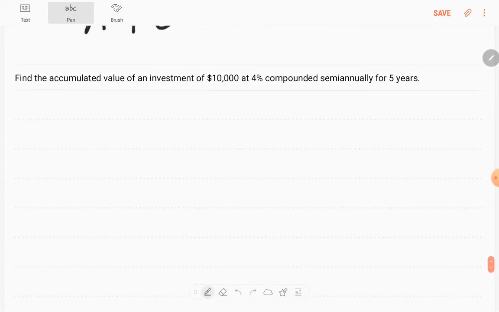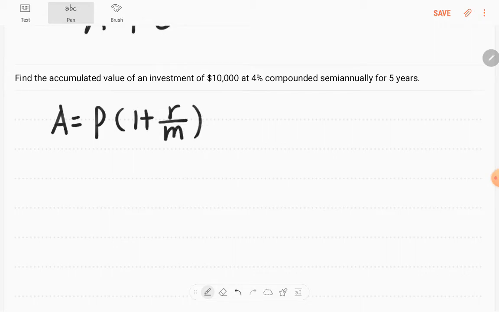So I write down the formula. This is A equals P times (1 plus r over m) to the m times t, right? So the accumulated value, which is the future value. So we want to know A, right? P is the present value, which is $10,000.